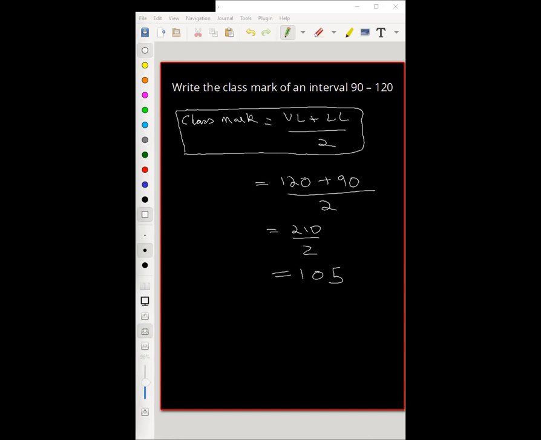Okay, let's do one more question for mean. All of you remember these formulas.